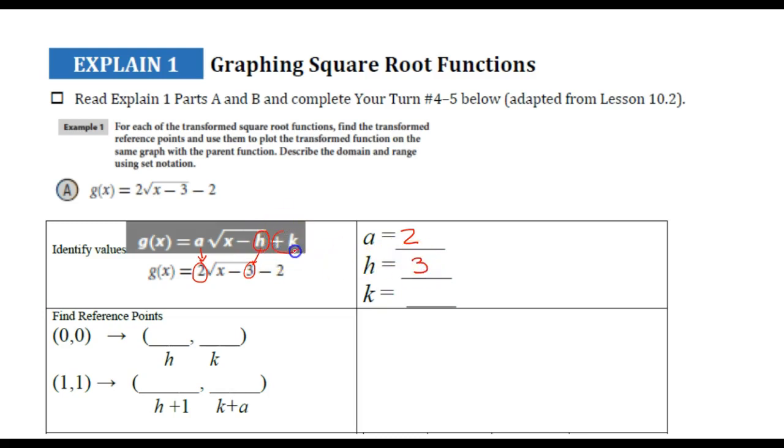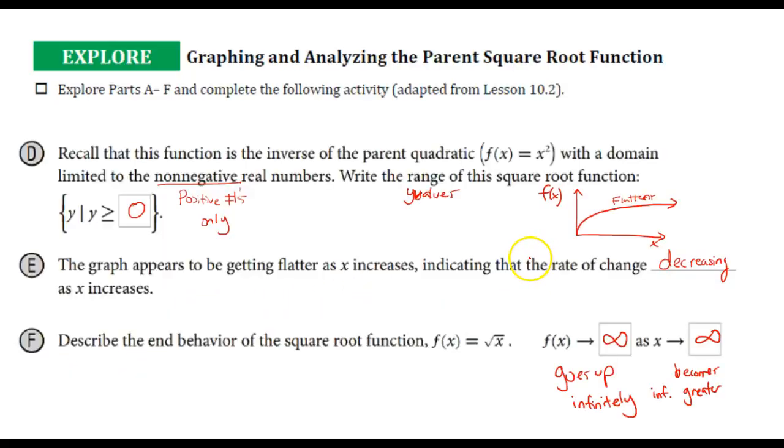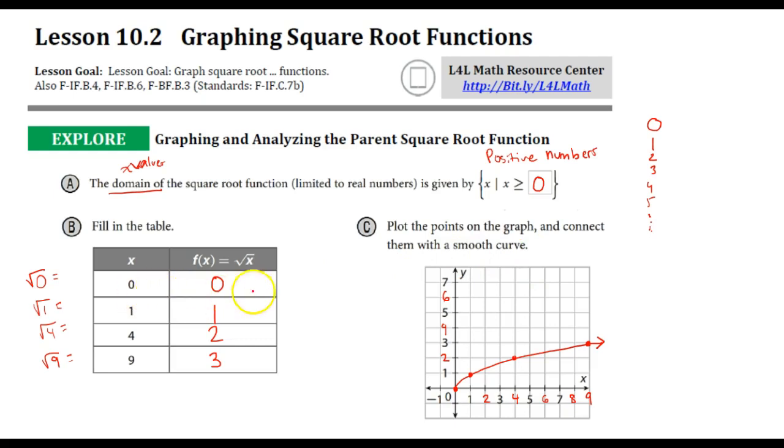And then my k value, which is actually not positive at all. In fact, it's negative 2. Okay, so here your reference points were 0, 0 and 1, 1, much like we saw in the parent function.